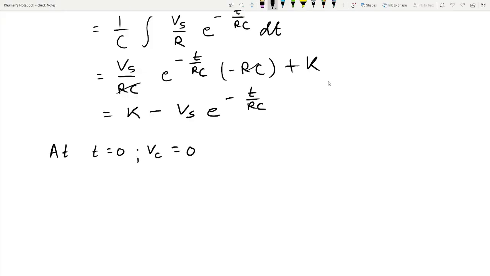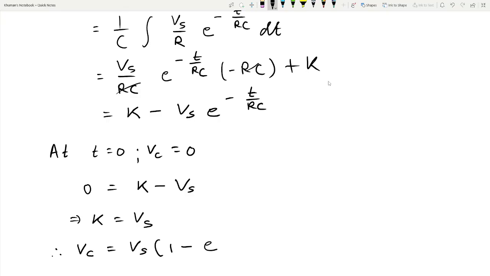Okay, so 0 is equal to k minus Vs. Then k is equal to Vs. Therefore VC is equal to Vs times 1 minus e to the power minus t by RC.